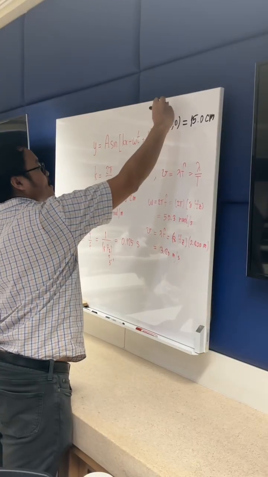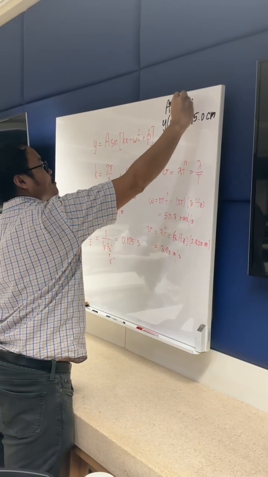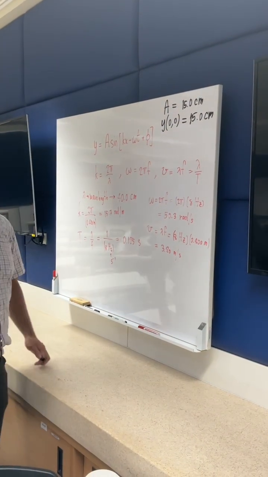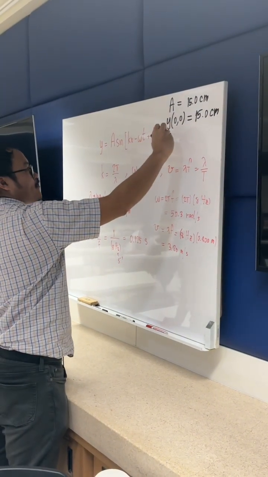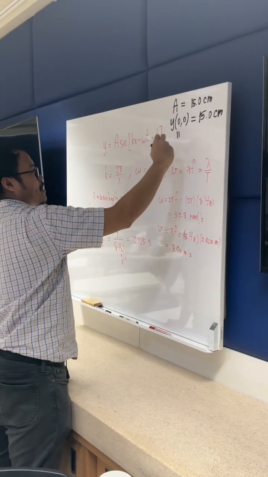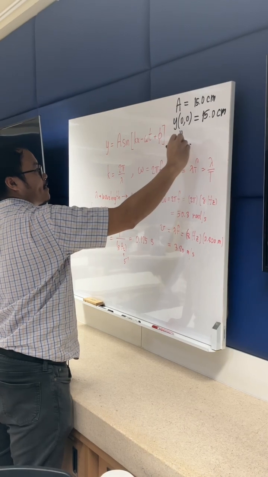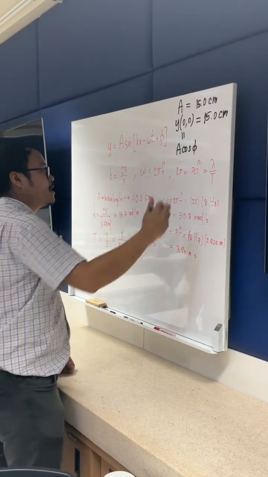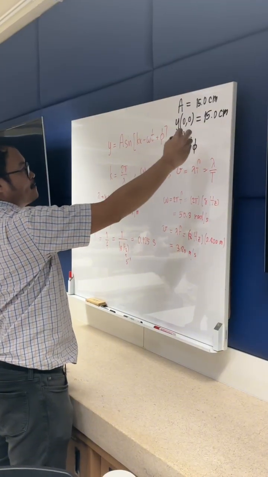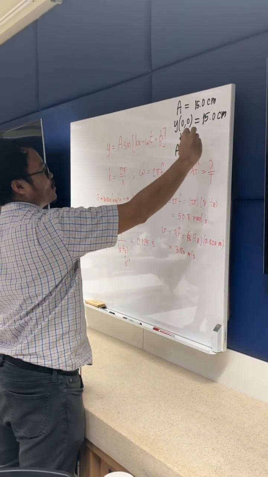And we are also given that A is 15.0 centimeters, right? That means, and we also saw earlier, that this is just A cosine of phi. Phi is the initial phase, right? Because x is 0, t is 0. Then it follows that cosine of phi is 1, right?